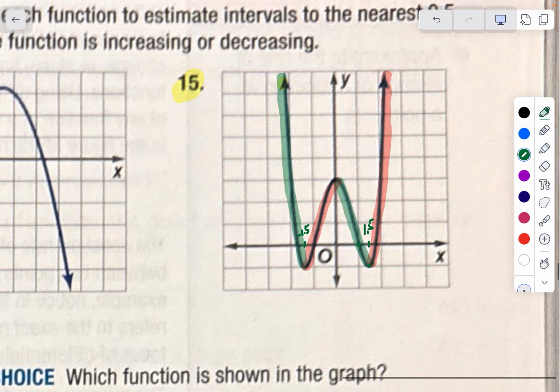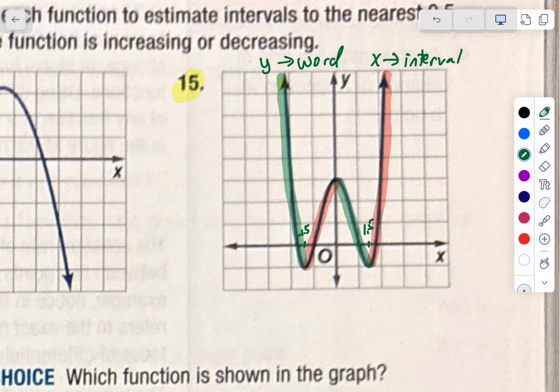So remember, for the y, we use a word: increasing, decreasing, or constant. For the x, we use an interval. It's really important to understand the distinction there, okay? So start from the left of your graph, move to the right.